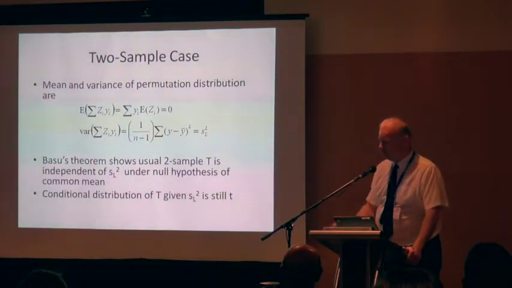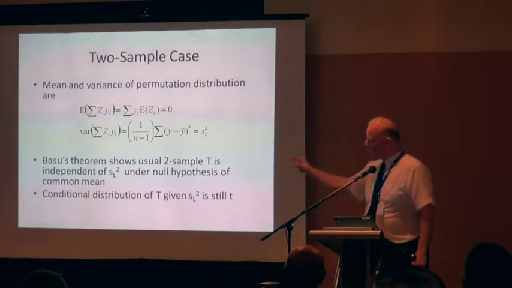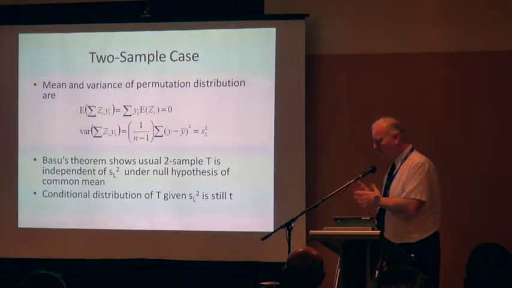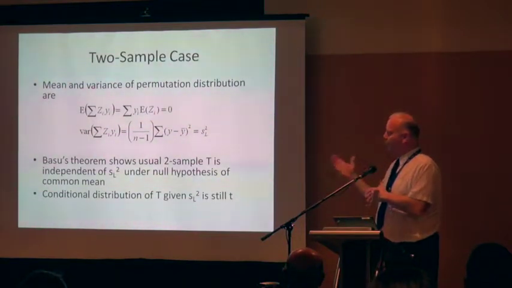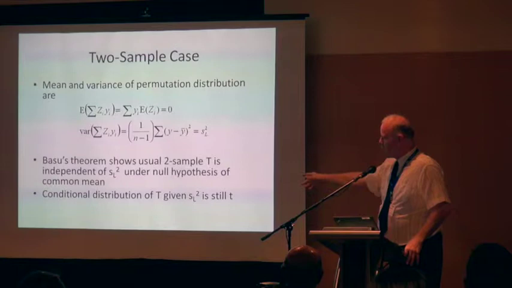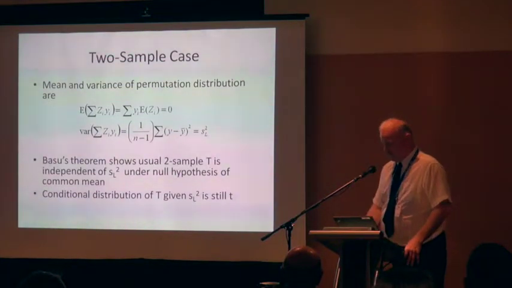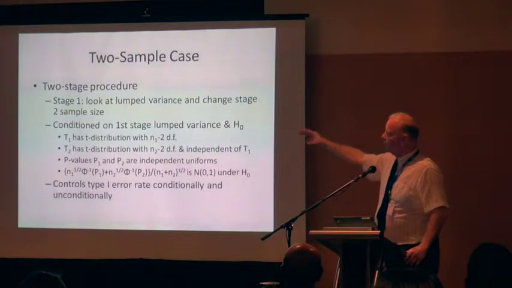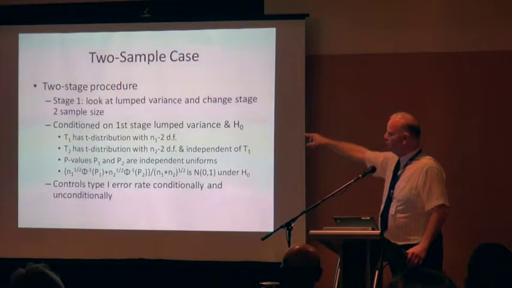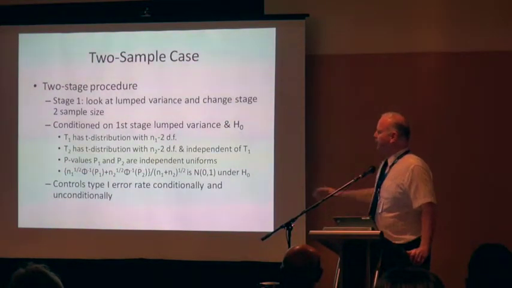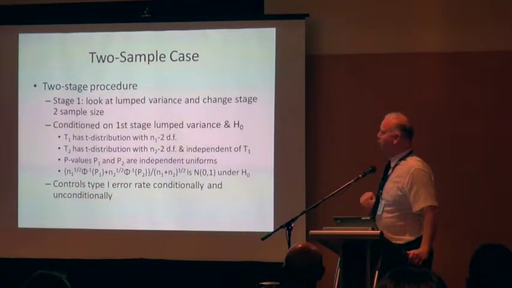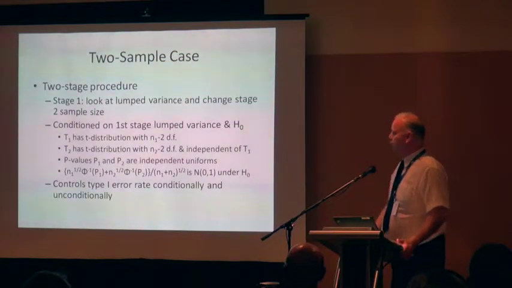So what I'm saying is, if you look at the lumped variance and then make a decision about increasing the sample size on the basis of that lumped variance, then the conditional distribution of the t statistic given the lumped variance still has a t distribution. You can do that very same kind of two-stage procedure. You look at the lumped variance, you change the second stage sample size, and conditioned on that lumped variance and under the null hypothesis, T1 and T2 are going to be exactly t with those degrees of freedom.